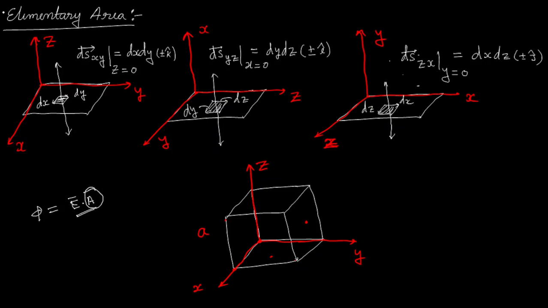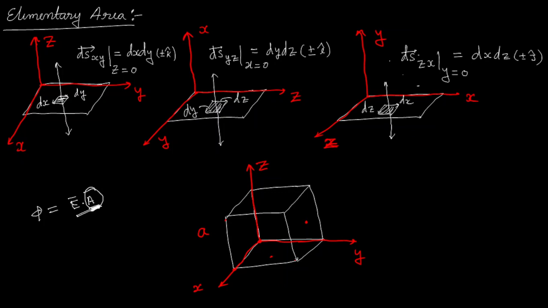Then, depending upon which plane this area lies in, we have to define this elementary area in a different way. If it is on the xy plane, we define dx dy plus minus k cap. If it is on the yz plane, we define dy dz plus minus i cap. If it is on the zx plane, we define dx dz plus minus j cap.